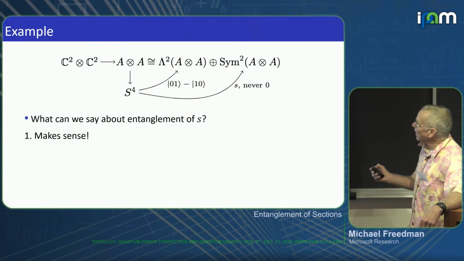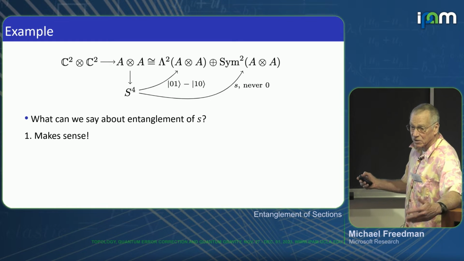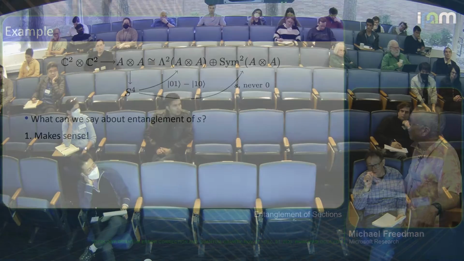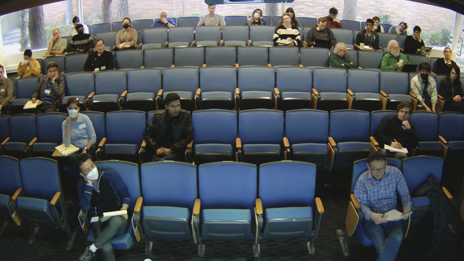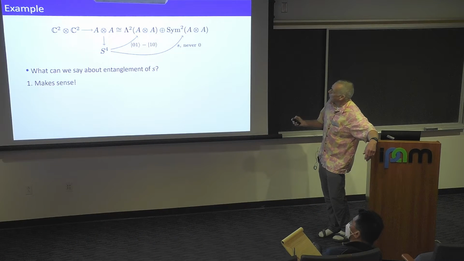So the first thing is by dimensional analysis, there will be non-zero sections because this is 3 complex, hence 6 real dimensions. And since the fiber dimension is more than the base, a generic map won't hit the zero section. When you say never zero, it means never vanishing. Non-vanishing, I think, is the math term. This is more plebeian.